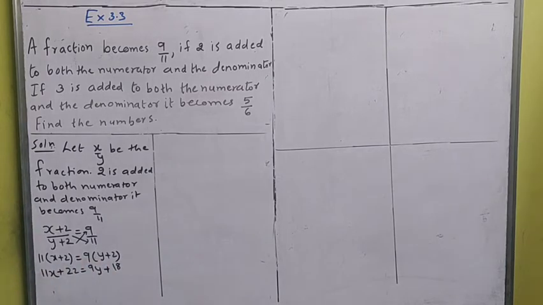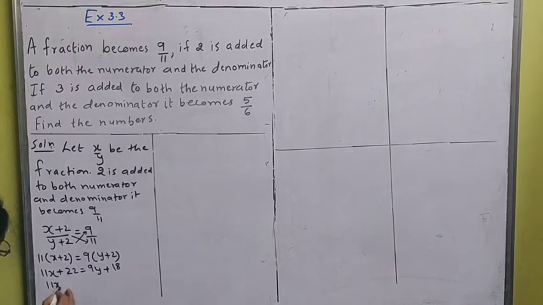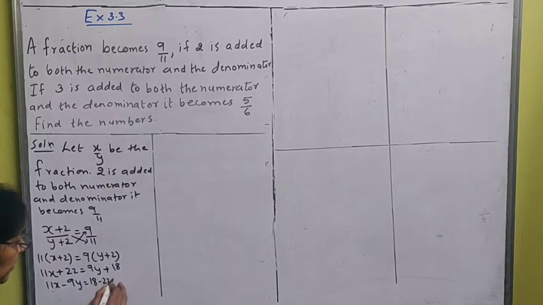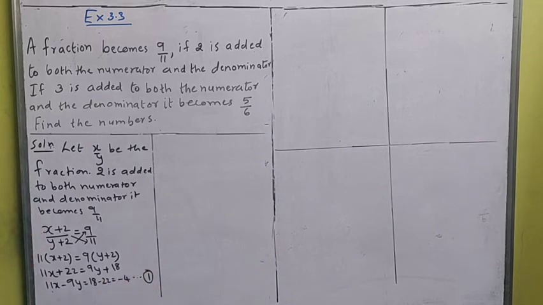Now what we have to do? We have to keep x and y one side and numbers on the other side. So what shall we get? 11x minus 9y is equal to 18 minus 22, that is equal to minus 4. This is the first equation.